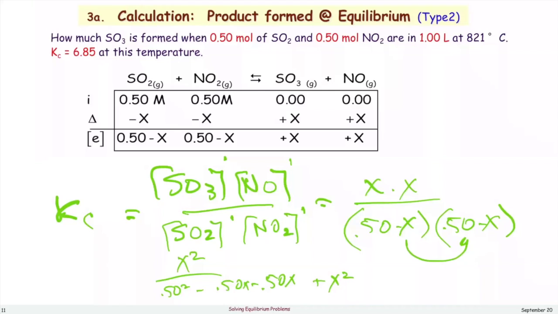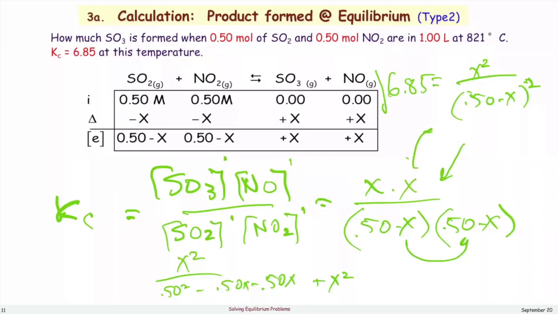What you should recognize, however, is that this is a perfect square. You can do this. And when it's a perfect square, the math is so much easier. Why? Because you can take the square root of both sides.